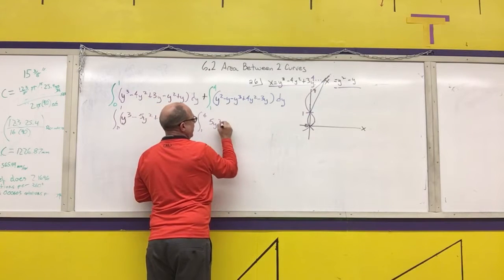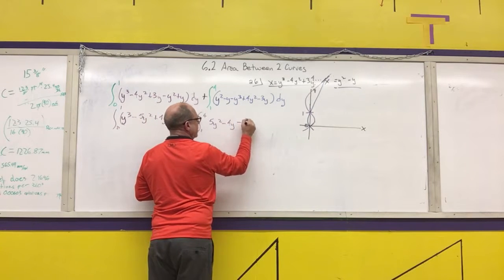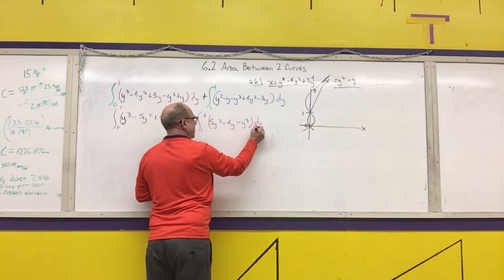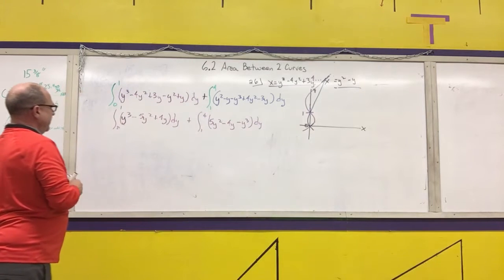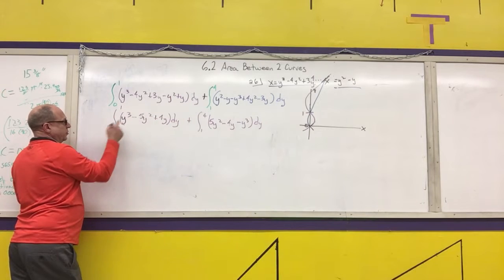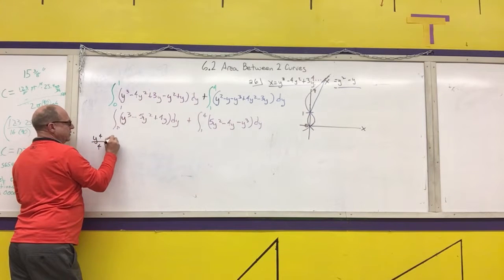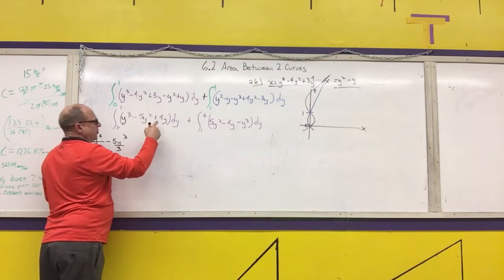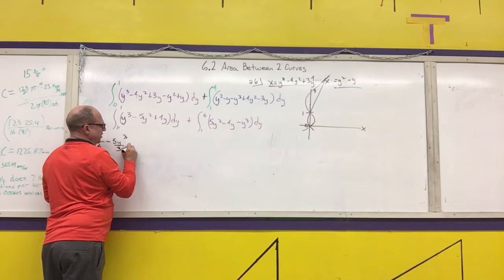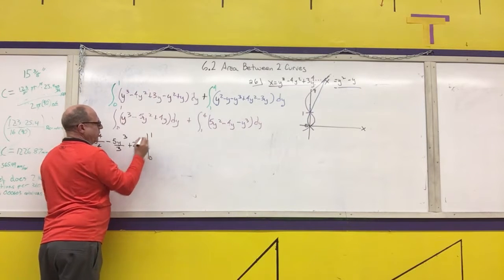Minus y minus 3y is minus 4y, minus y cubed. And now let's do the antiderivatives. This would be y to the 4th over 4, plus 5y cubed over 3, plus 4y squared over 2, which would be plus 2y squared, between 0 and 1.